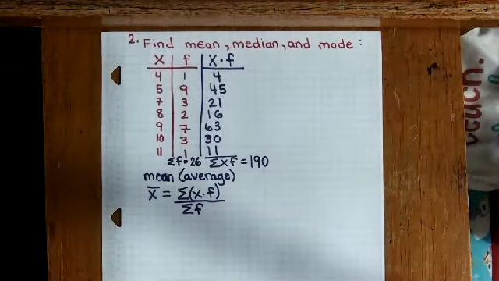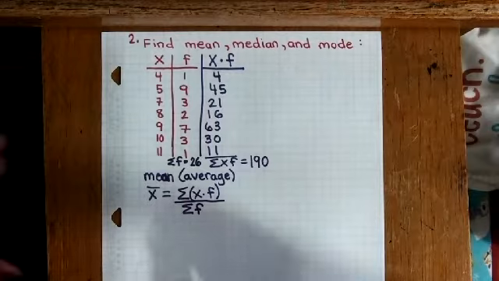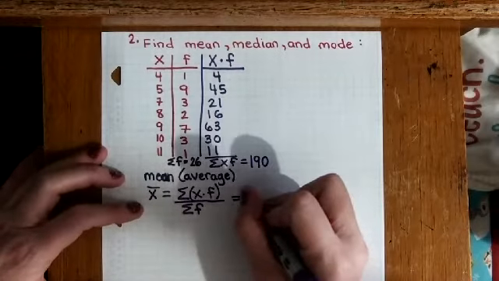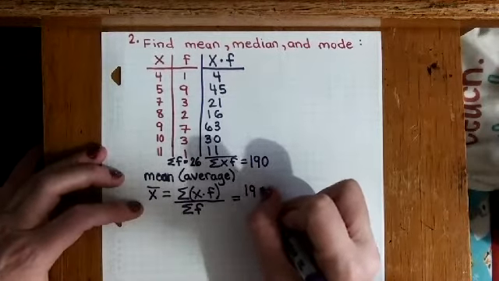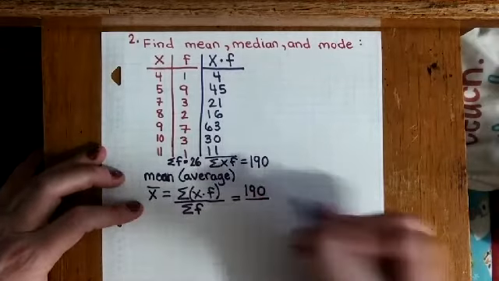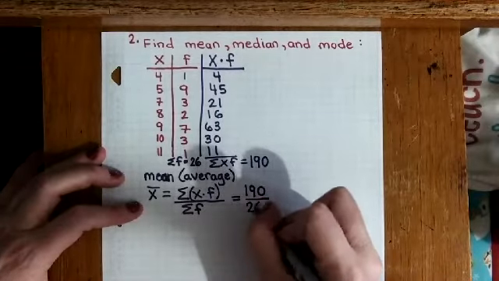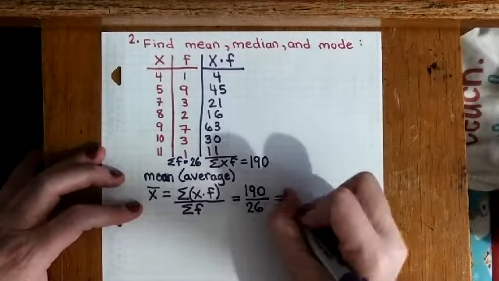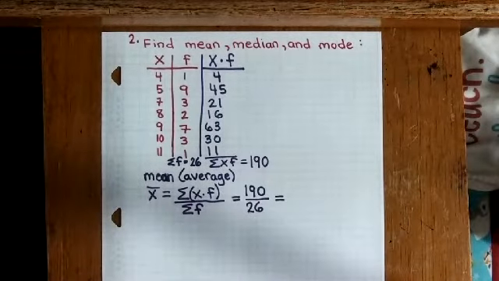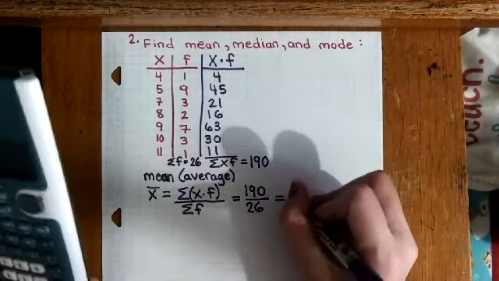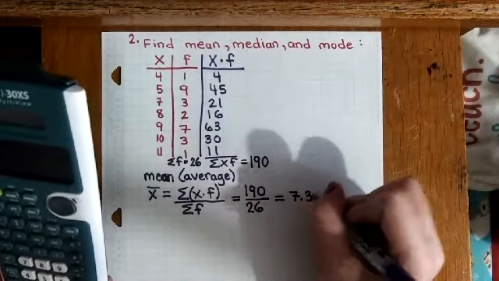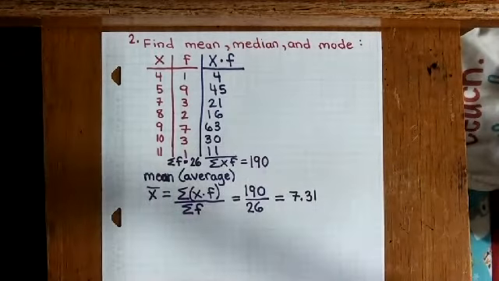Double check in the calculator. So if we take our sum of our XF column and divide that by the sum of the F column, then we'll find our mean of 7.3, rounding up to 7.31.